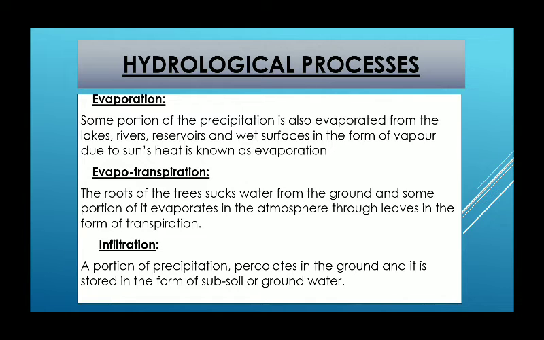It is one of the major processes in the cycle. It is the transfer of water from the surface of the earth to the atmosphere. By evaporation, water in the liquid state is transferred to the gaseous or vapor state.